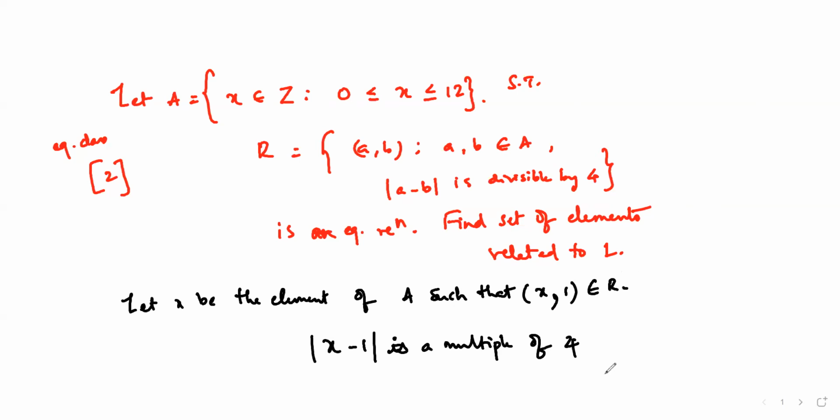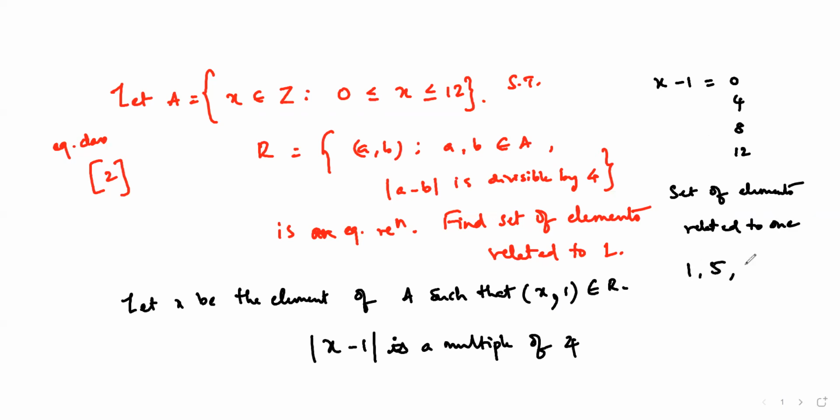Yes, sir. That means x minus 1 values can be 0, 4, 8, 12 and so on. So the set of elements related to 1 will be 1, 5, 9, 13 and so on. Right?